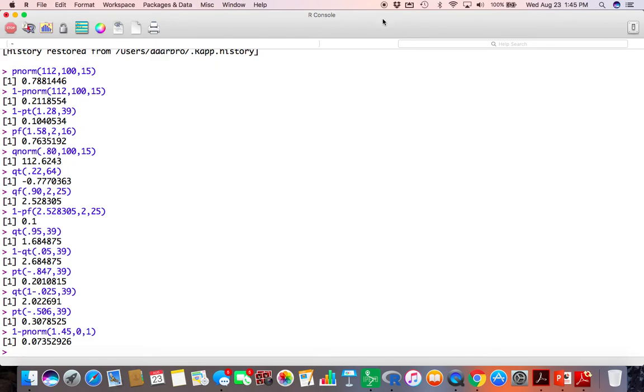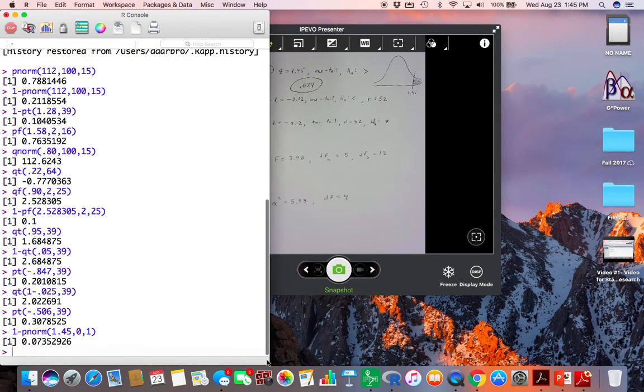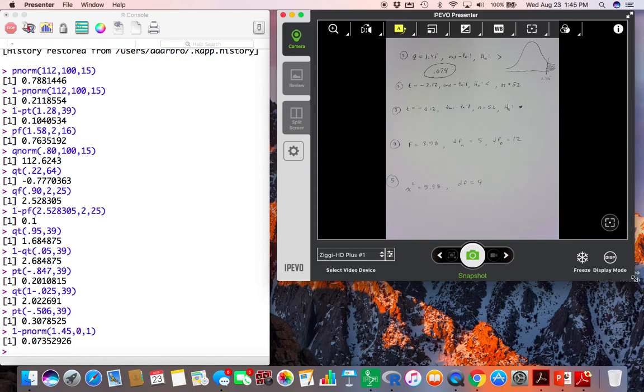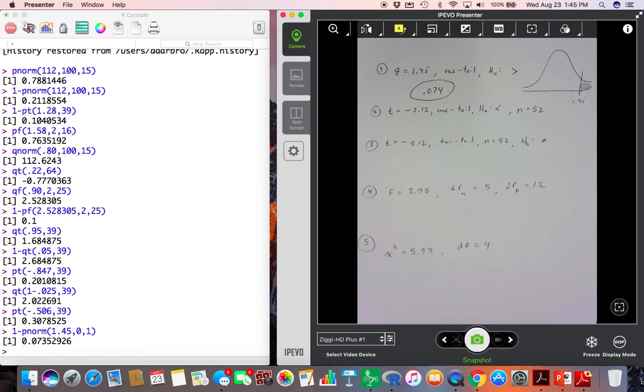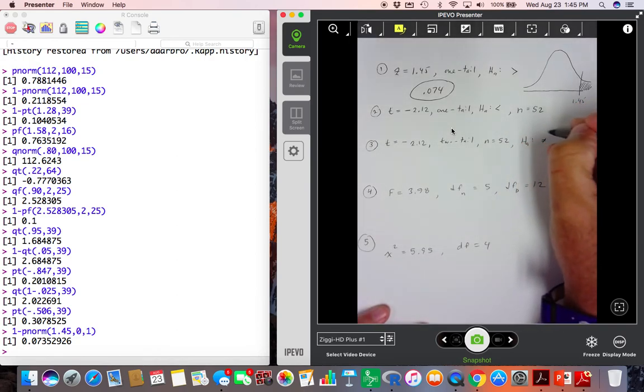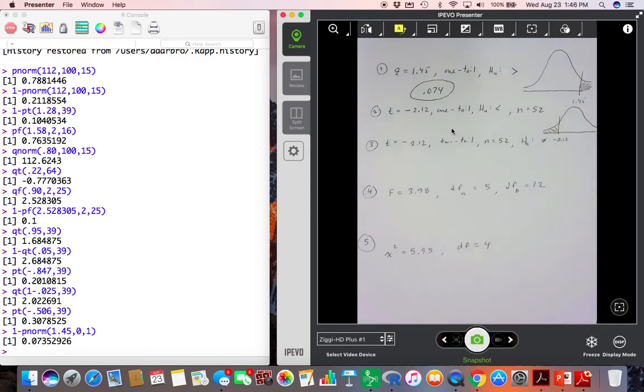All right, let's go split screen here and save some moving around. To the right we have t equal negative 2.12. In the t distribution, degrees of freedom 51, we're doing a left tail test, so we only worry about the area in the left tail.